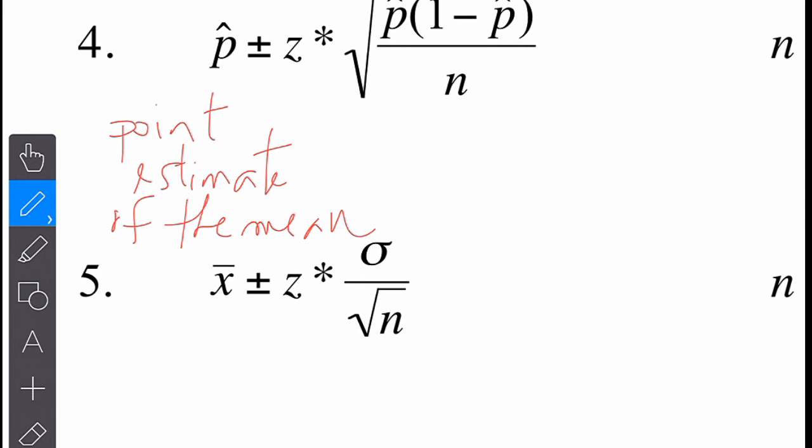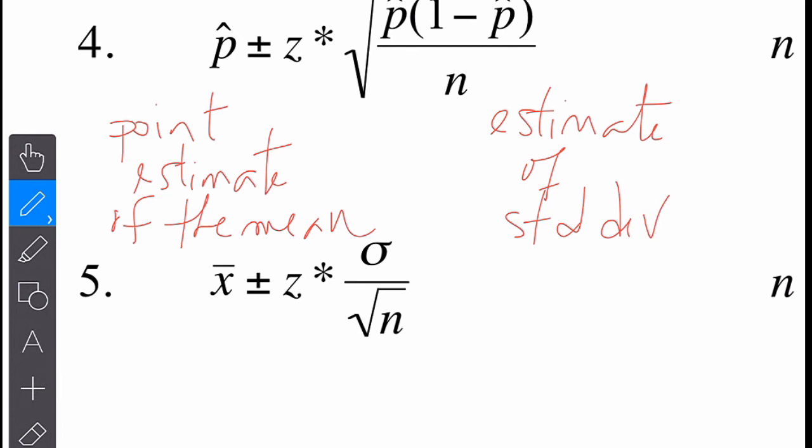And this over here is the estimate of the standard deviation. And what I'm doing is creating an interval with so many standard deviations from the mean.